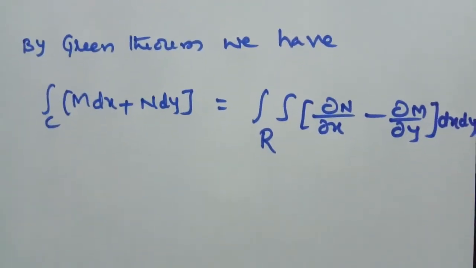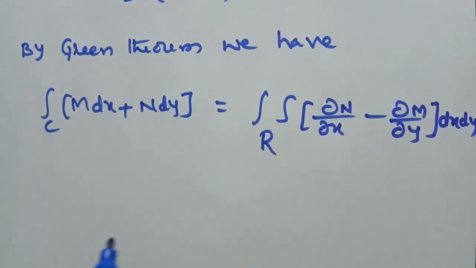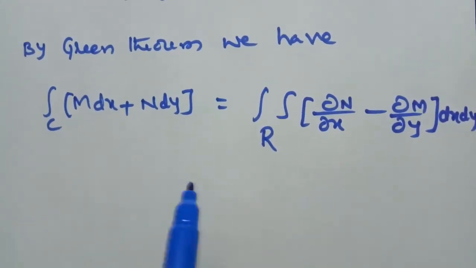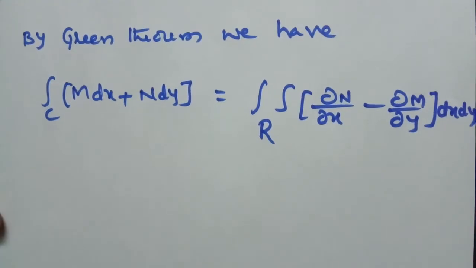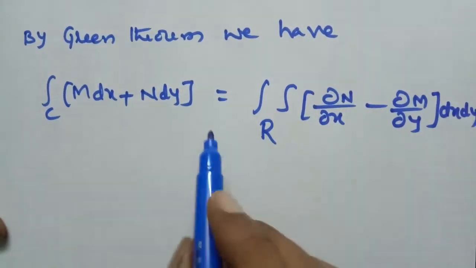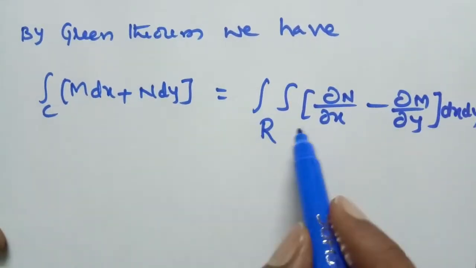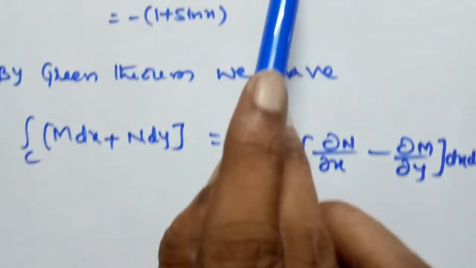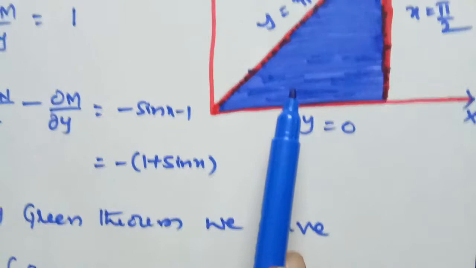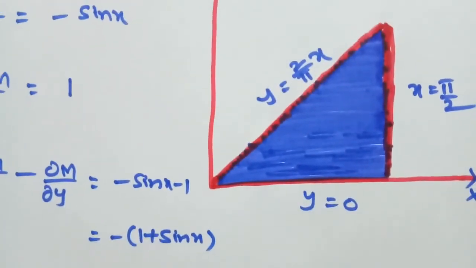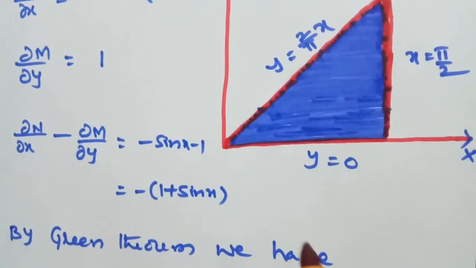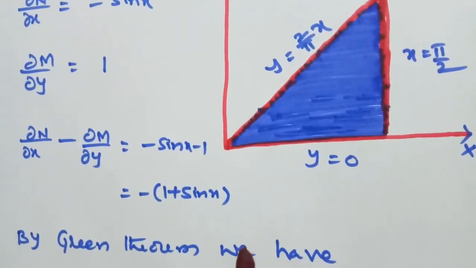Therefore, here the region of integration R is bounded by the lines y equal to 0, x equal to pi by 2, y equal to 2 pi by x.